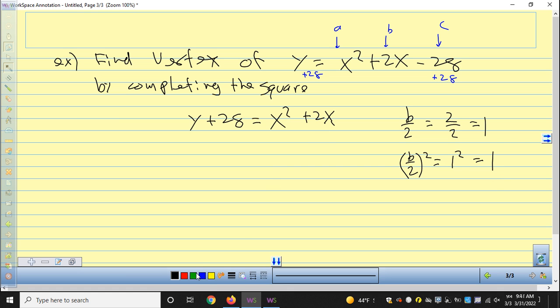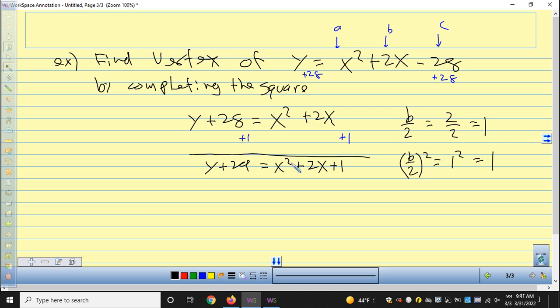So I'm going to add 1 to both sides now. And when I do that, I get y plus 29 equals x squared plus 2x plus 1.